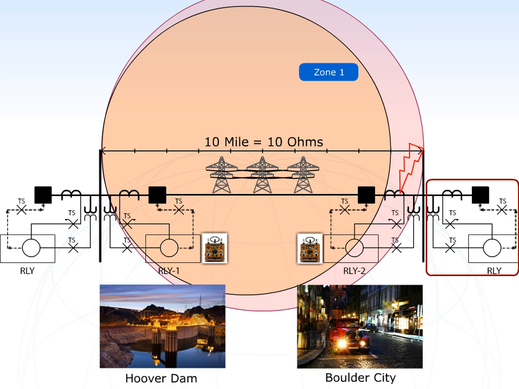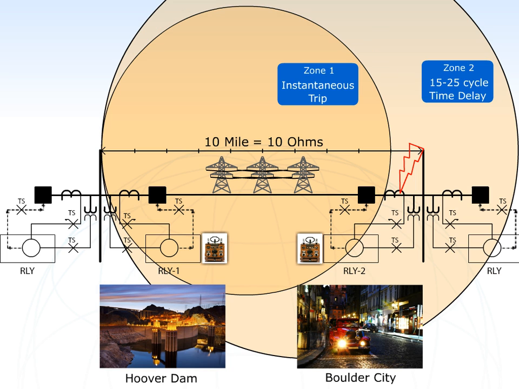In fact, you could purposely set the Zone 2 relay to overreach into the other transmission lines in order to provide 100% protection for this transmission line and backup protection for adjacent lines if those relays fail. Most Zone 2 impedance elements are set at 120% of the transmission line they're protecting, with a 15 to 25 cycle delay to allow time for the adjacent relays to trip.